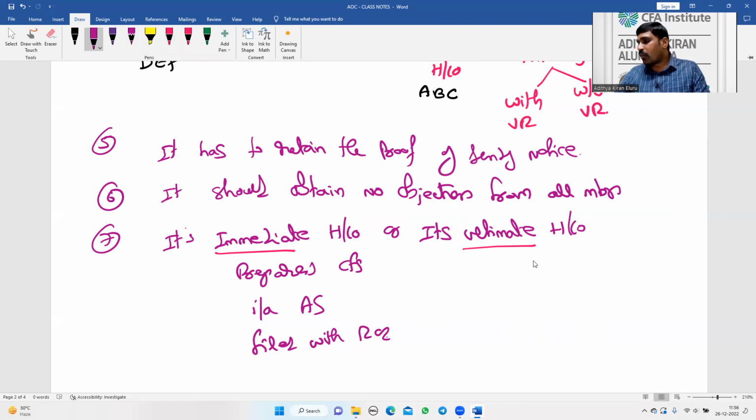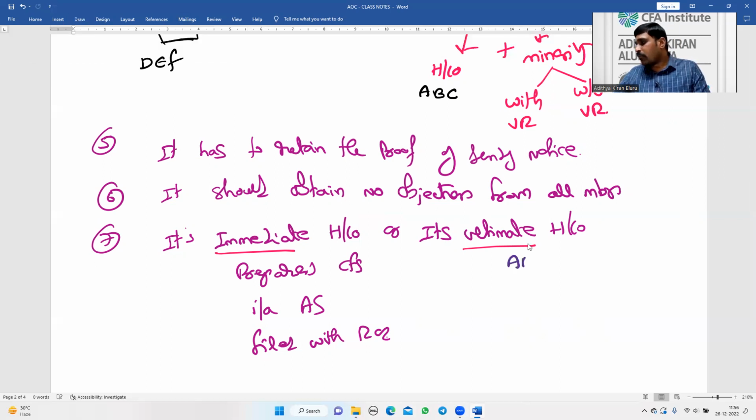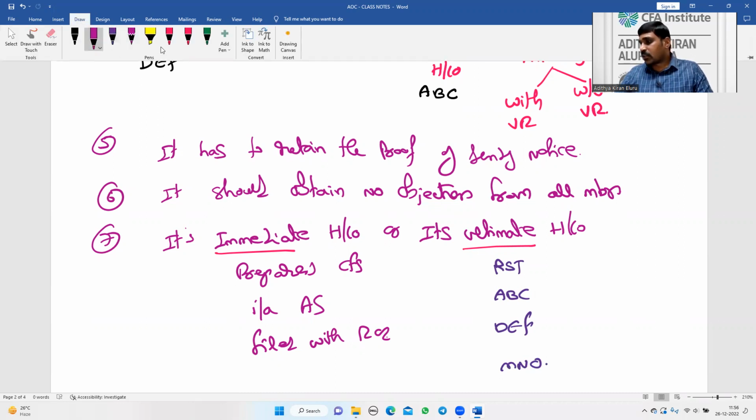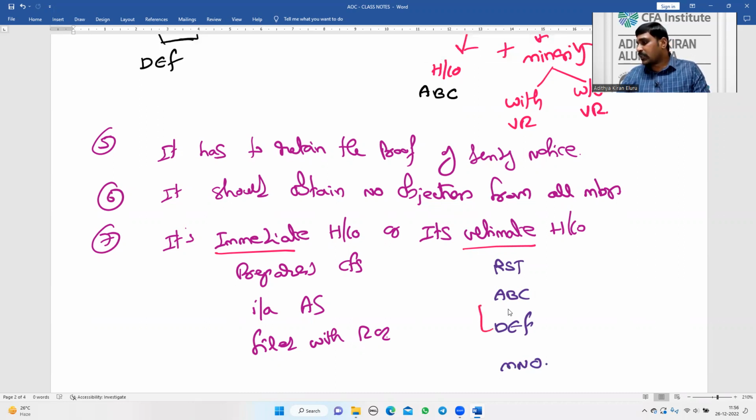Say for example, till now we have discussed only 3 companies, but there are the chances that there are more: ABC, DEF, MNO, RST.